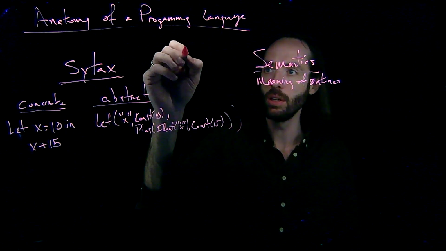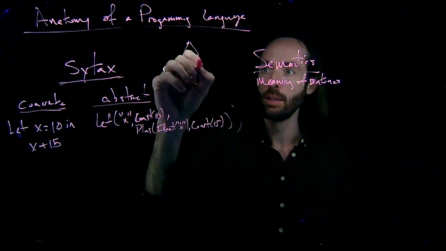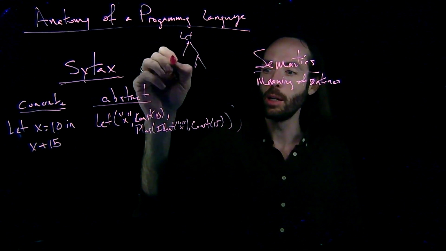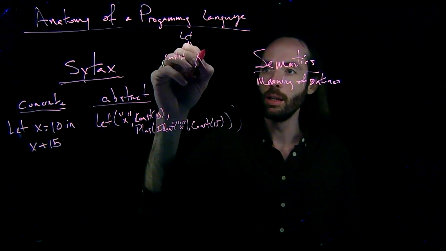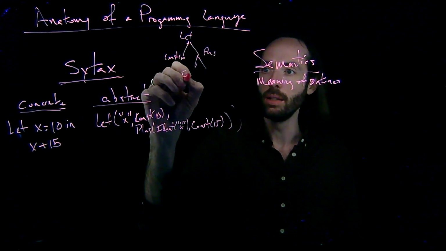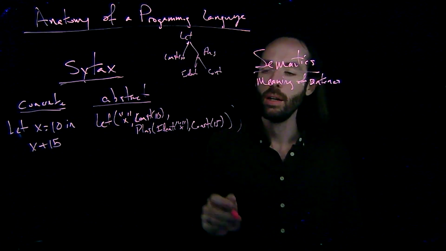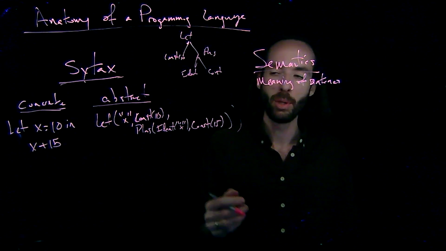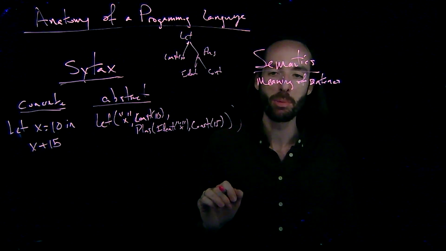So this forms what's called an abstract syntax tree or abstract grammar tree. Right, we have let up here, and then we have a const 10 over here, and a plus, and an ident, and a const. And of course, if you've paid enough attention in your computer science courses, you know that trees are great for computation.